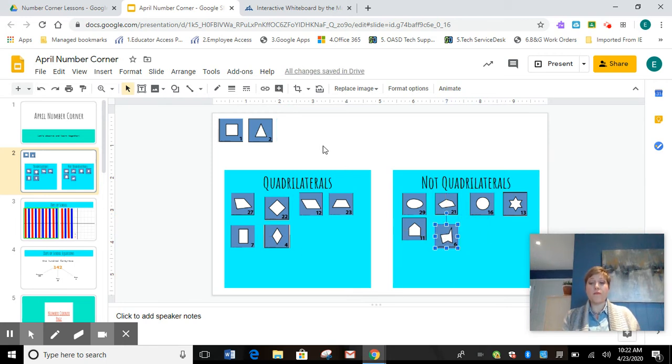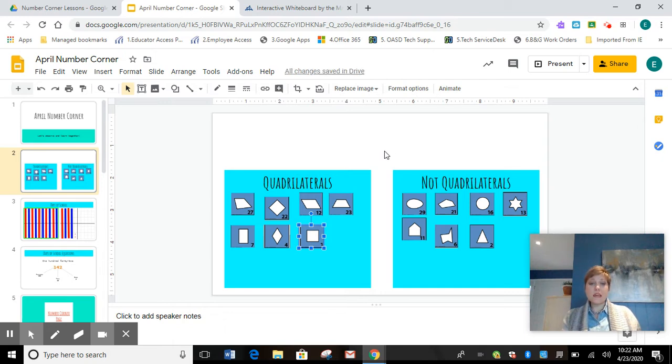It has more than four sides and four vertices. What about a triangle? You're right. It is not a quadrilateral. It has less than four sides and four vertices. What about a square? Yes, it is a type of quadrilateral.